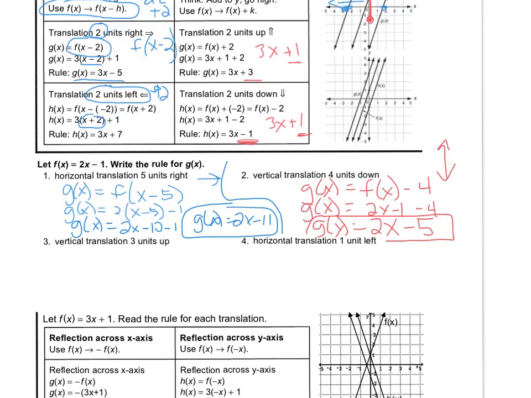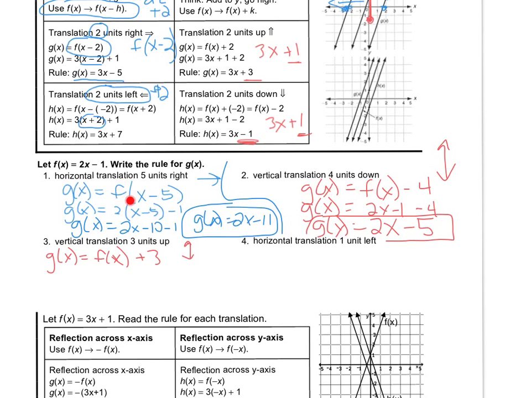Okay, next one, a vertical translation 3 units up. So again, vertical, I am modifying the y-intercept. So let's just start with g of x is going to be equal to f of x, and I'm going to be adding 3. So on vertical translations, you are simply adding or subtracting on the end versus horizontal.